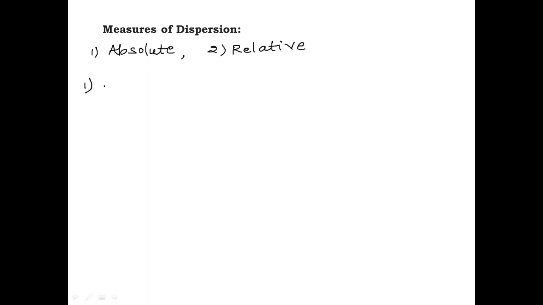The first measure of dispersion is range. Range is maximum value minus minimum value. Suppose individual observations have unit centimeter, then range will have unit centimeter. So this is an absolute measure.